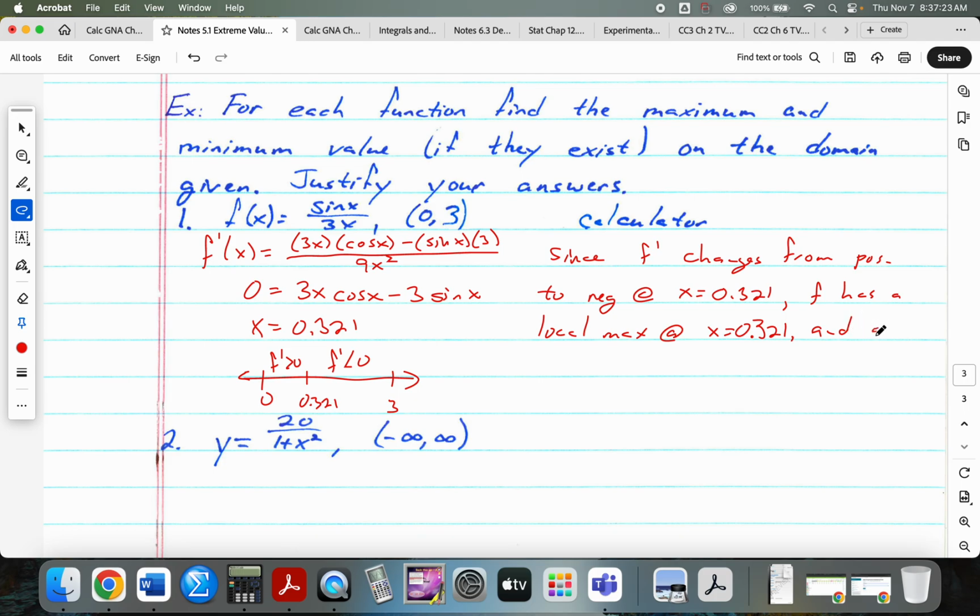And since the only critical point of f on the interval from 0 to 3 is 0.321, f of 0.321, which you would have to substitute back into your calculator to look at something, is the absolute maximum.